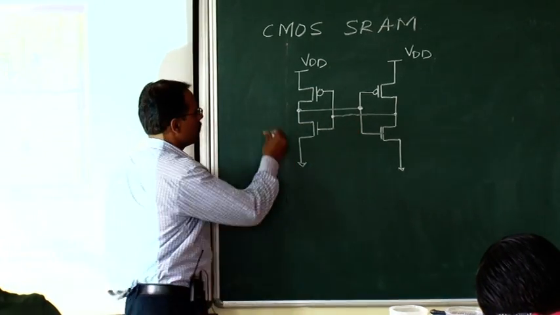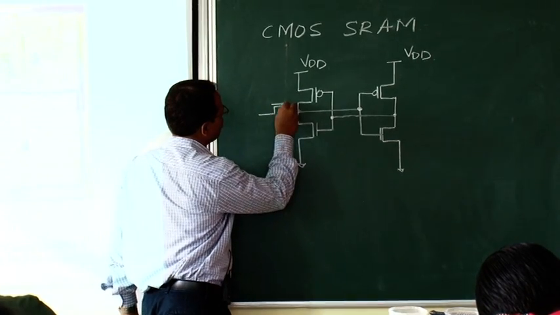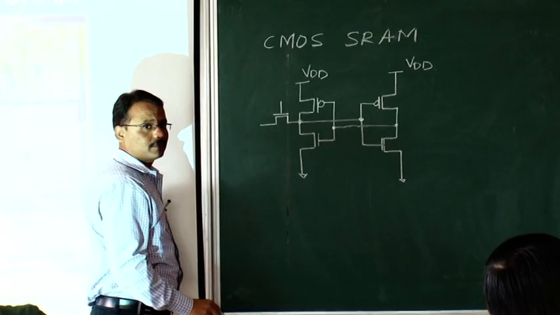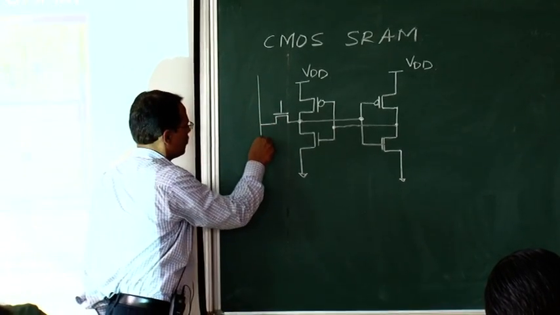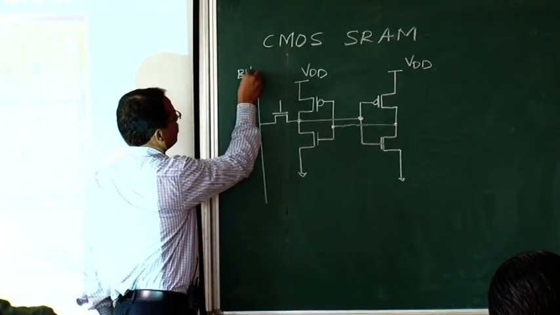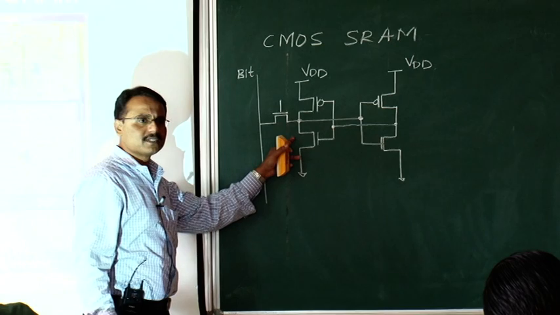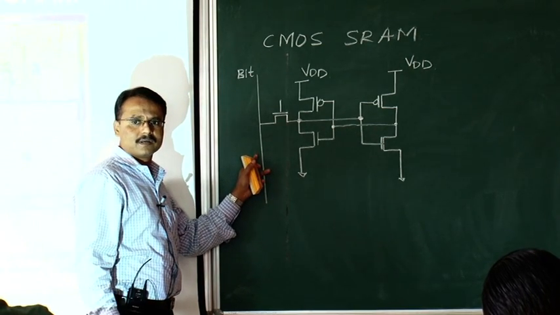Now I have to put 2 transistors that are called access transistors. This is the bit line, which means the information stored in this memory cell is transferred to this bit line during read access.